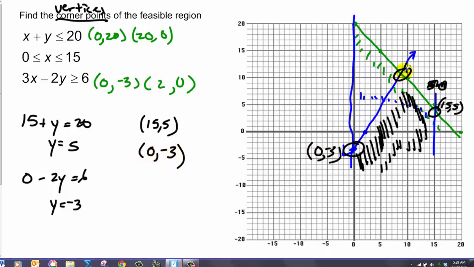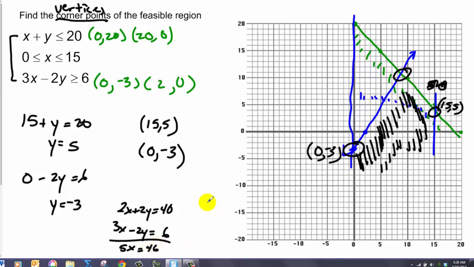And then finally we've got this intersection here, which is the intersection of the first line and the last line. For this I'd have to do a system. So I can multiply the top equation, let's say by 2, giving me 2x plus 2y is 40. Add that to 3x minus 2y equals 6. End up with 5x equal to 46.